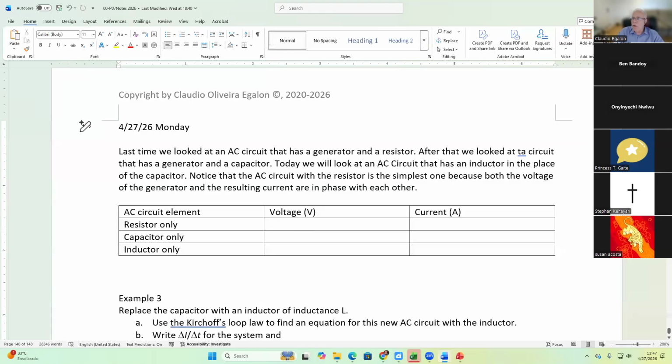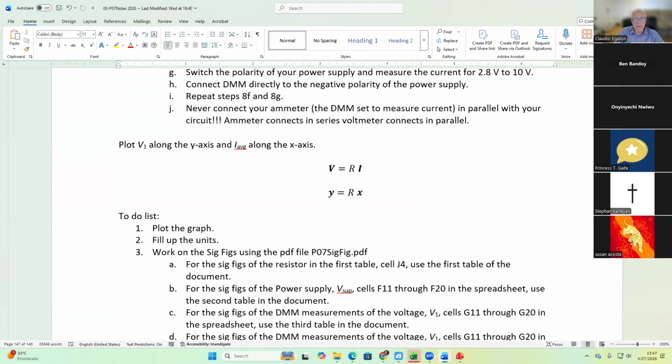The voltage, just a reminder, right? I'm doing that just as a reminder.